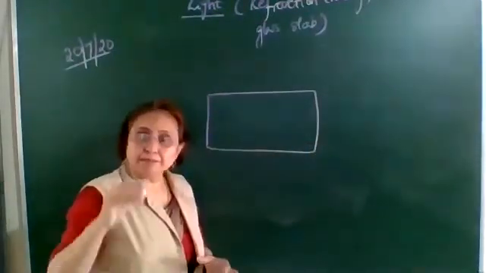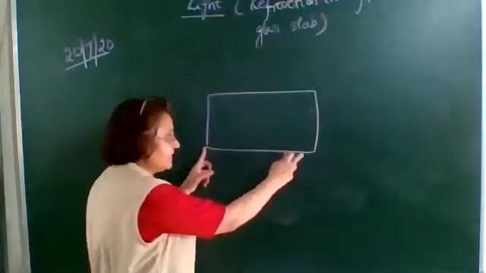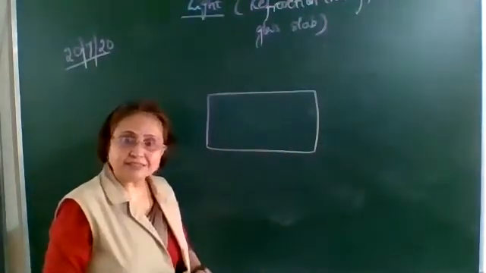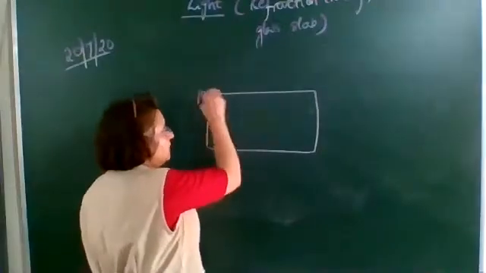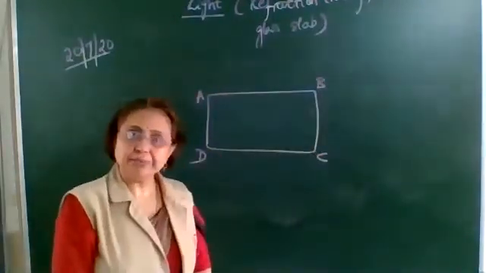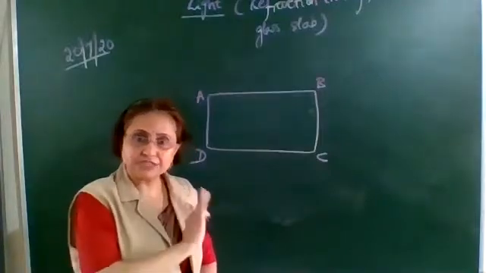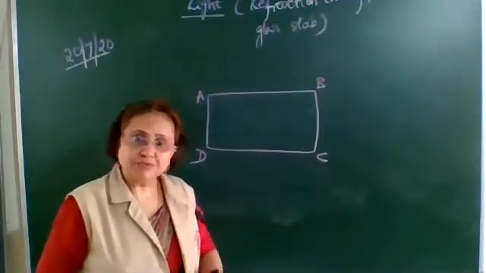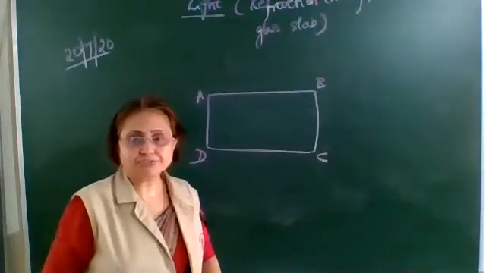Now, place the glass slab at the center of the sheet and mark the boundary ABCD. Understand the experiment: we have taken a wooden board, and on that wooden board, a white sheet of paper is fixed.